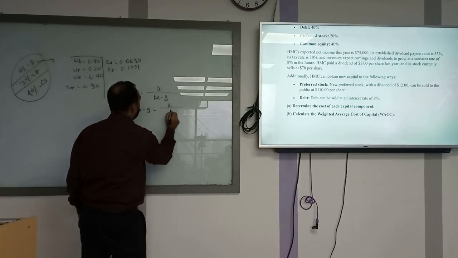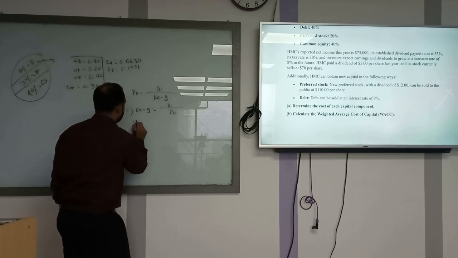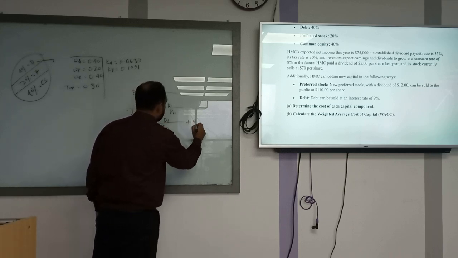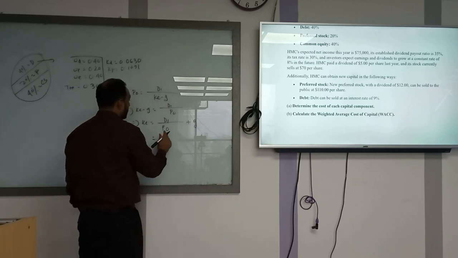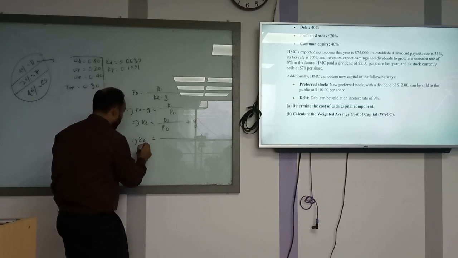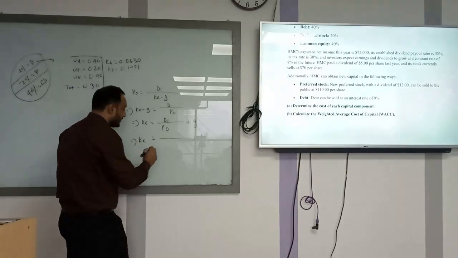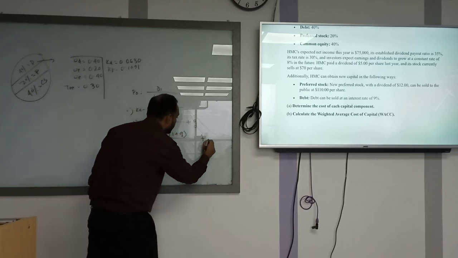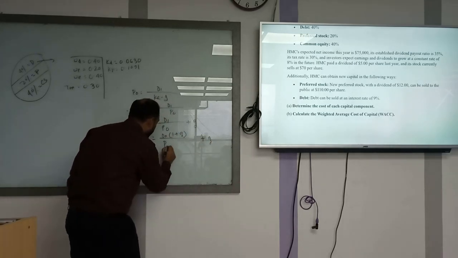So KE is equal to D1 divided by P naught plus G. আচ্ছা। So now D1 কিভাবে বের করব? D naught into 1 plus G, plus G divided by P naught.